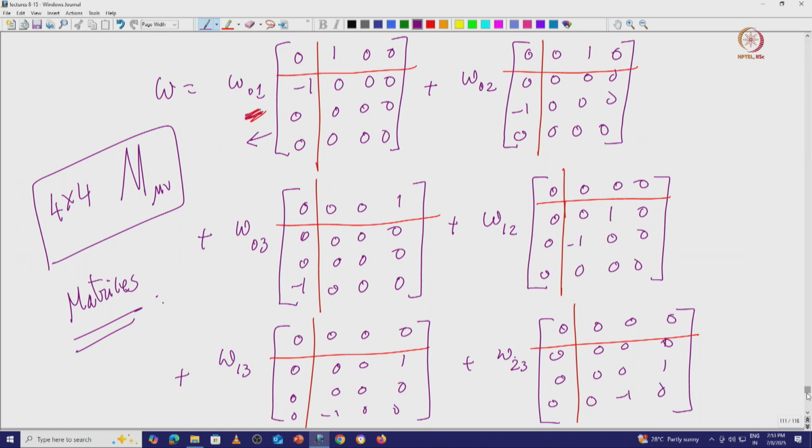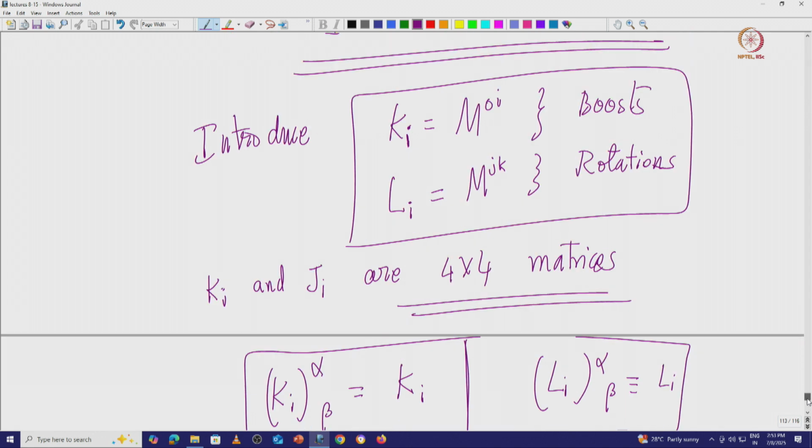And we see which are boosts. These 3, omega 01, omega 02, omega 03, are boosts. Omega 12, omega 13, omega 23 are the rotations.